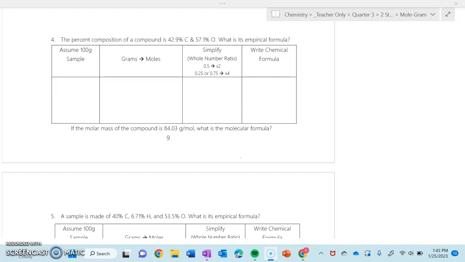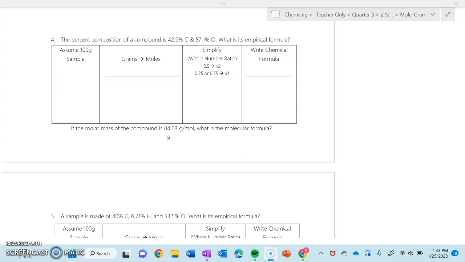In that simplify column, we want our numbers to be almost whole numbers in order to round. There are a couple of little notes, tricks to help us round correctly or play with the numbers a little bit so that we can get to a whole number for that molar ratio in our chemical formula.